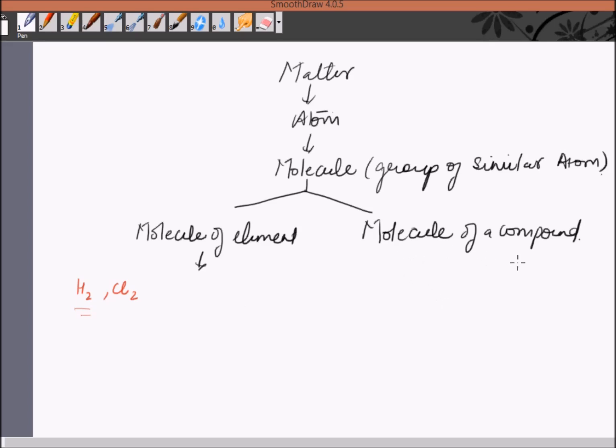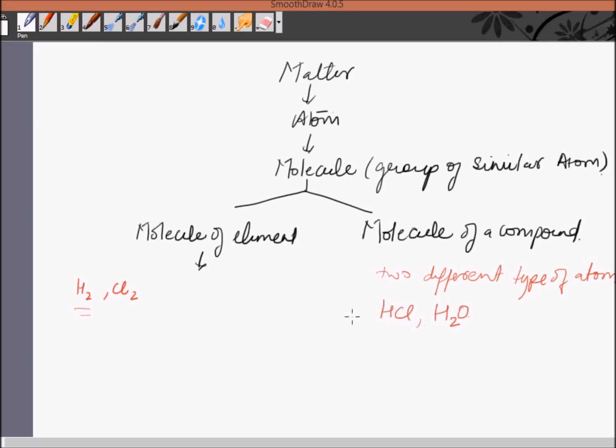We also have a molecule of a compound, which contains two different types of atoms, right? For example, we have HCl, we have H2O.